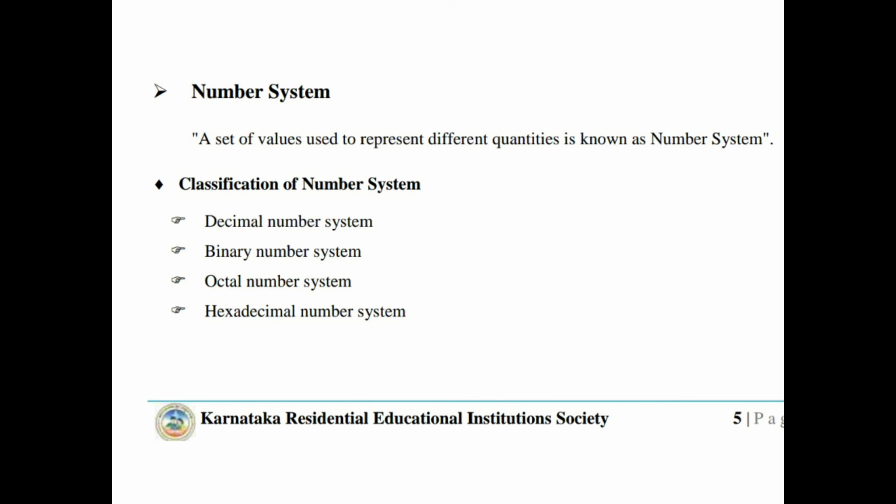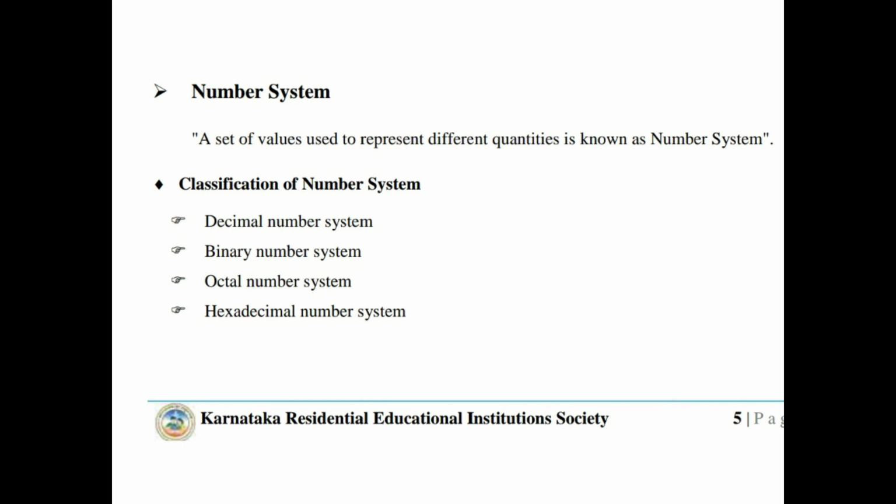I think you have heard of many number systems. Let us see them one by one: decimal number system, binary number system, octal number system, and hexadecimal number system. These number systems are classified based on the base, that means the number of digits used in that number system.